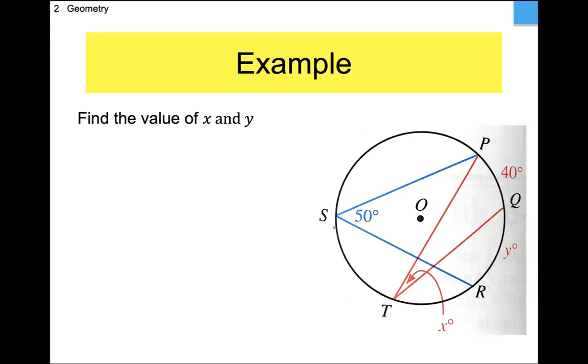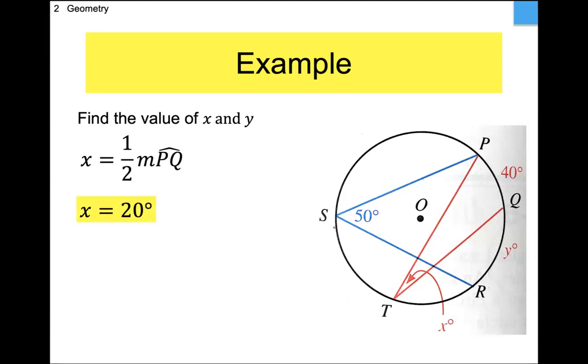So I'm just looking at the circle and the red. And if you notice, we have an arc PQ in red, and it's listed as 40 degrees. Well, from the previous theorem, we know that the angle that makes that arc, and that would be angle T, right? And that's labeled with the value X degrees right there, is equal to half of the arc. Therefore, X has got to be equal to 20 degrees.